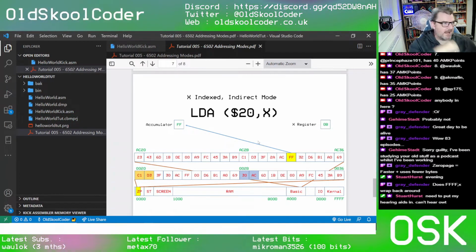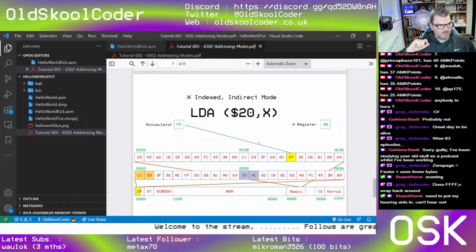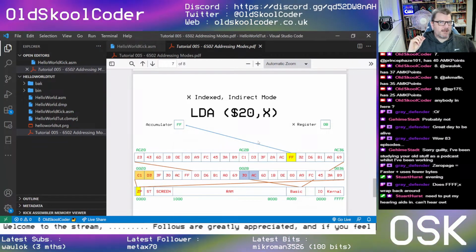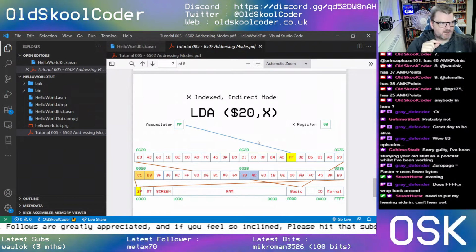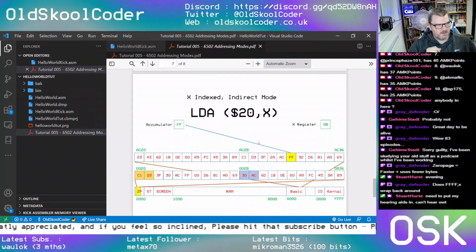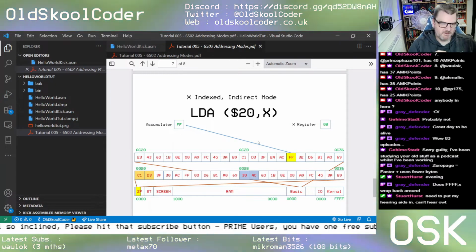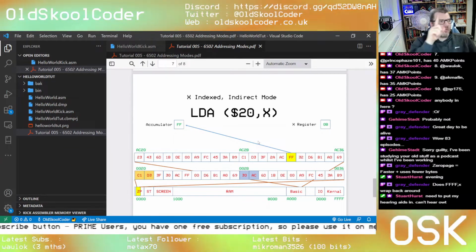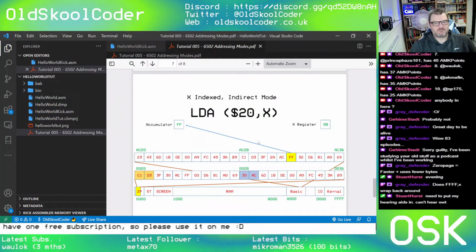Like absolute, you're telling the computer, go to $32F0, get me that number. With indirect mode, you're saying to the computer, I want you to look at this location in zero page, work out the memory location from that location in zero page, and then go get me the number. Oh, by the way, offset it by the X register.